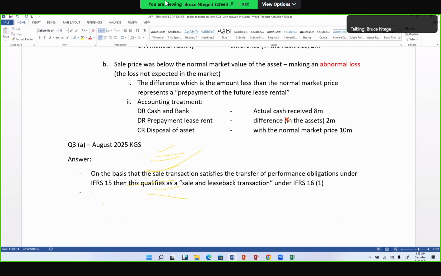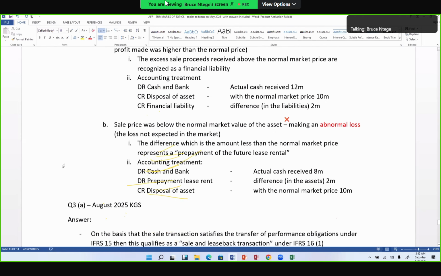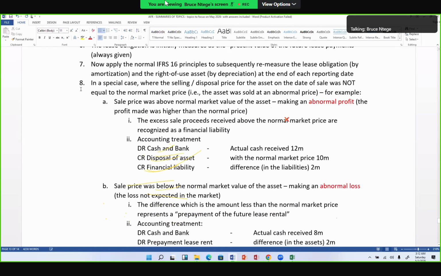Okay? Then you come in to say, however, so you jump to number 8, that however, in a special case, that sale price is not equal to the normal. In this case, it's above the normal. Therefore, we have an abnormal profit.